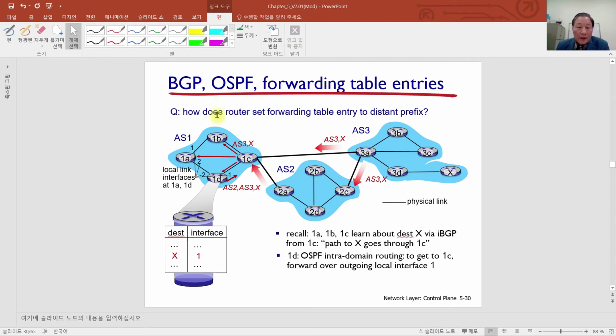And regarding BGP and OSPF, this one is interior and this one is exterior, an external protocol, outside. This one, internally, will be used. There are two kinds, as we learned already.